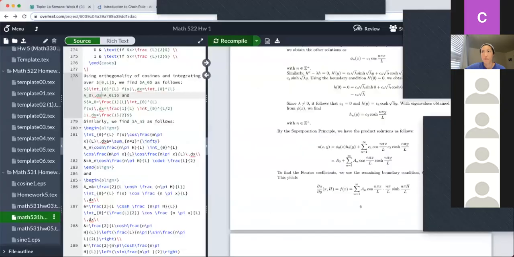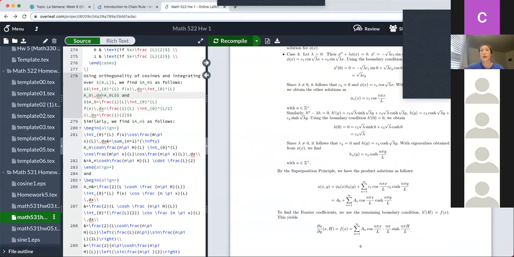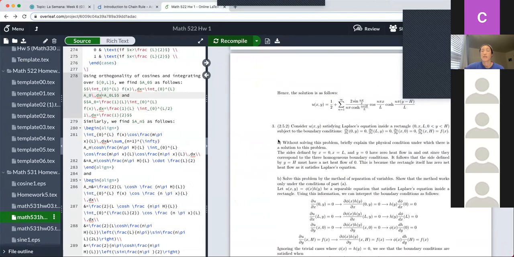For example, in one of the classes that I'm taking right now, can you guys see that? Yes. Yeah, okay. So in one of the classes that I'm taking right now, we're looking at things that model heat inside of a given shape.